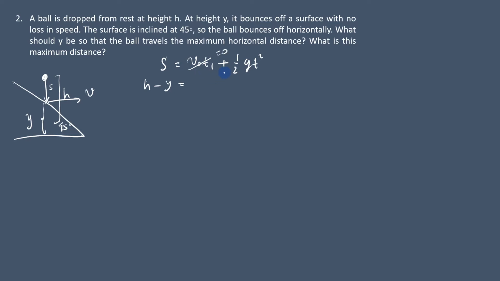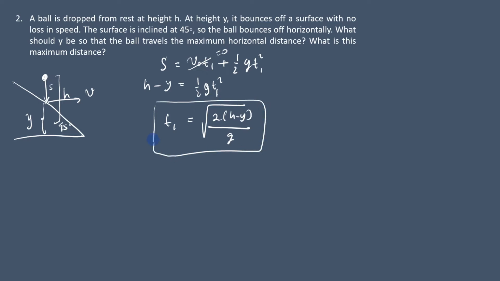So we get h minus y equals 1/2 g t1 squared, and t1 equals the square root of 2 times (h minus y) divided by g. This is the time t1, and so v, the vertical velocity, equals g t1.